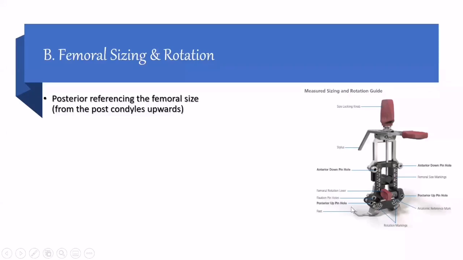I should choose the posterior referencing. As you see, there are 2 feet that sit together on the posterior condyle, so it will size the femur from the posterior condyle upwards. This will restore the joint line in flexion, balance the PCL if you are choosing cruciate retaining, and minimize the chance of midflexion instability.